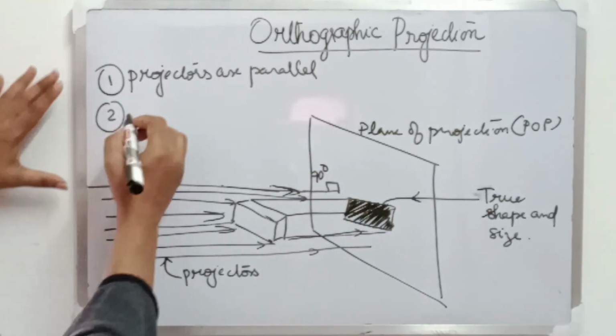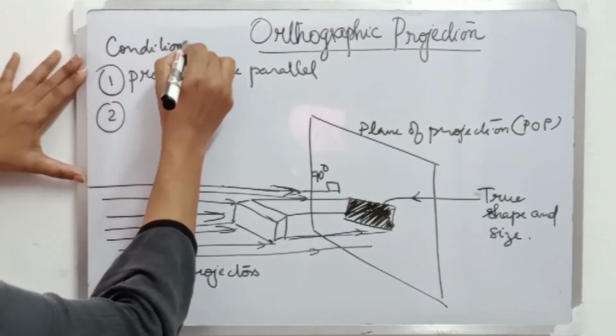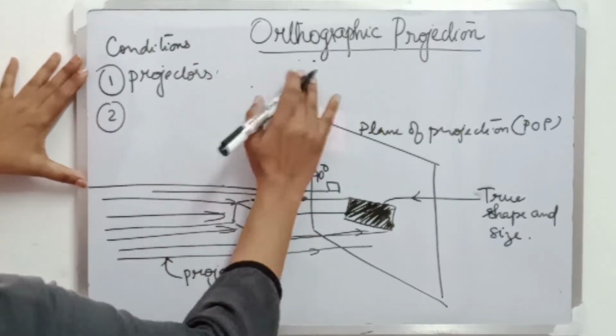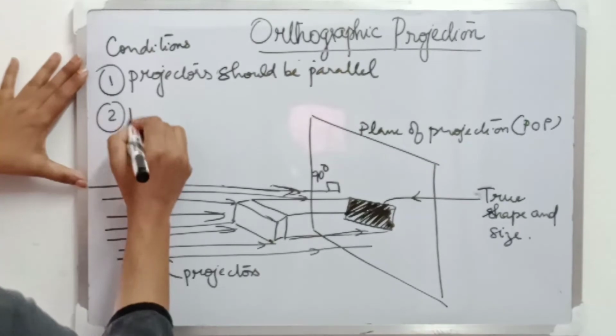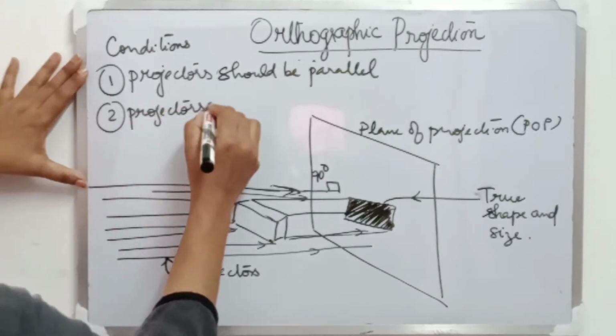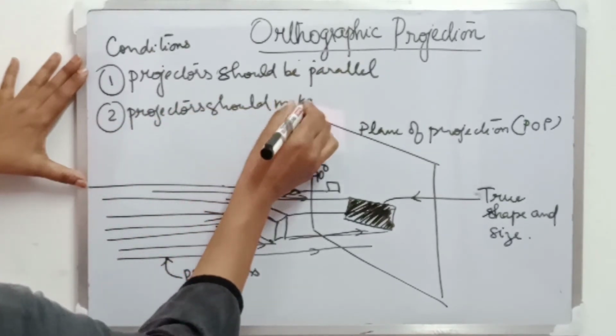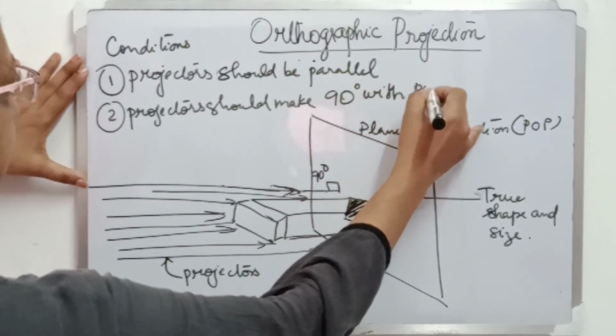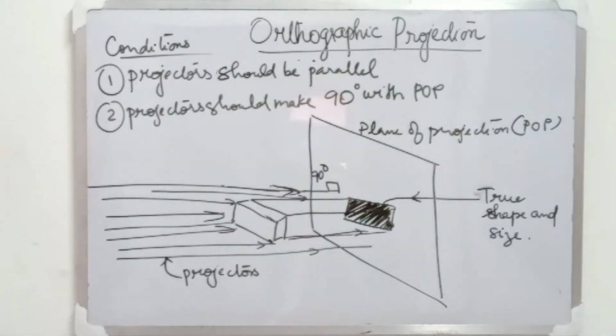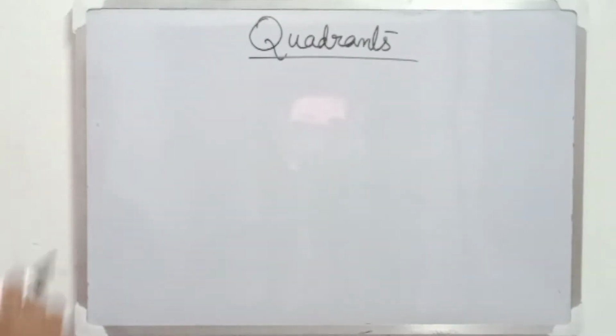So these are the two conditions for orthographic projection. That is, the projectors should be parallel, which means the light source is at a very far away distance. And the second condition is that projectors should make 90 degrees with the plane of projection.